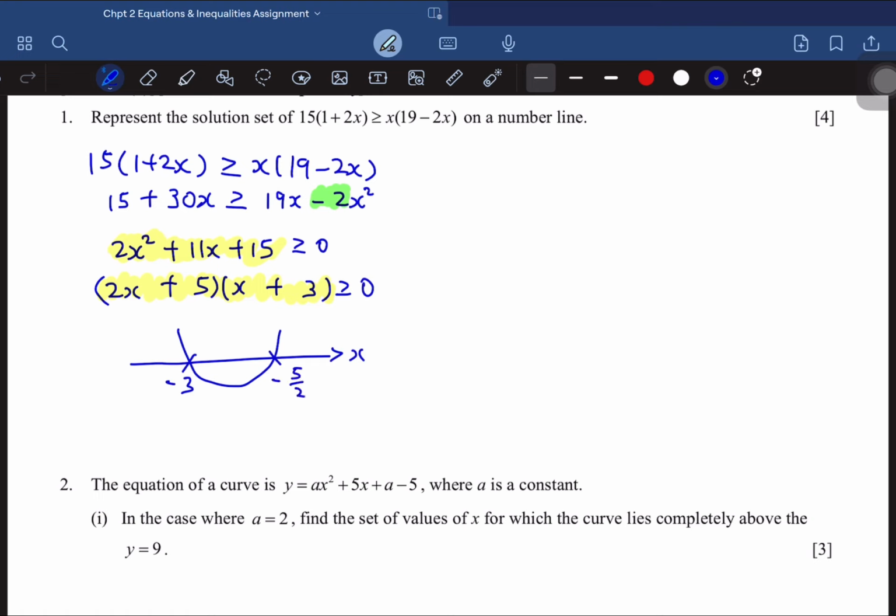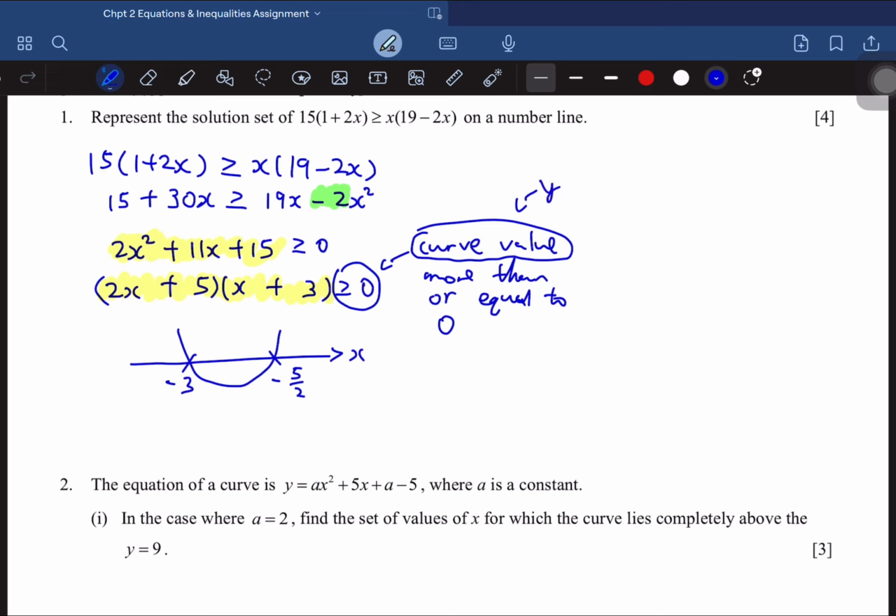If they want the curve value more than or equals to 0, this curve value is actually our y value. So with more than or equals to 0, it will be this region over here.